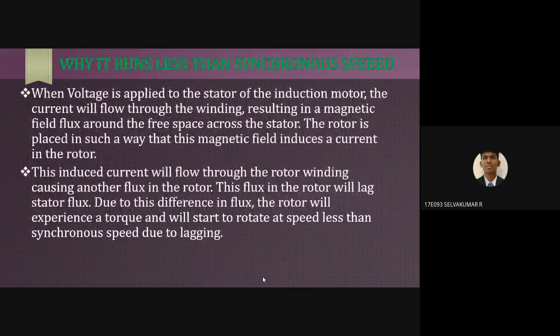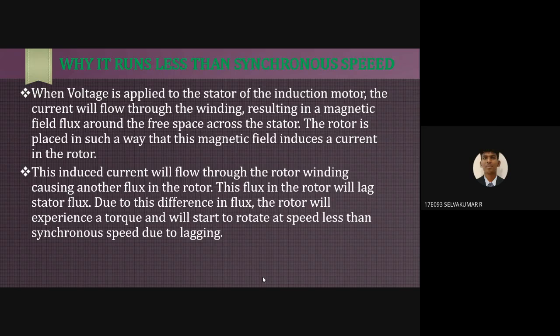Why does it run less than synchronous speed? A three-phase induction motor always runs less than the synchronous speed. When voltage is applied to the stator, it produces a rotating magnetic field, and because of mutual inductance, an EMF will be induced in the rotor.